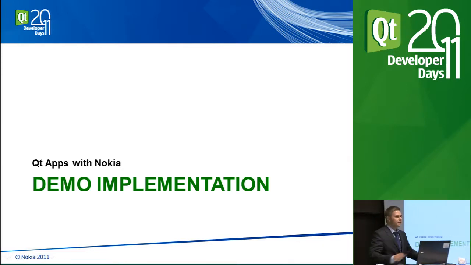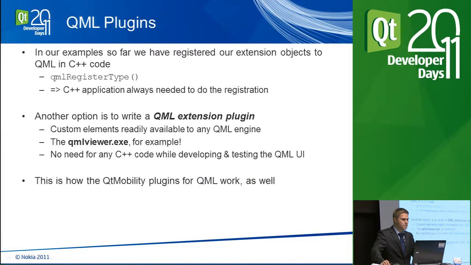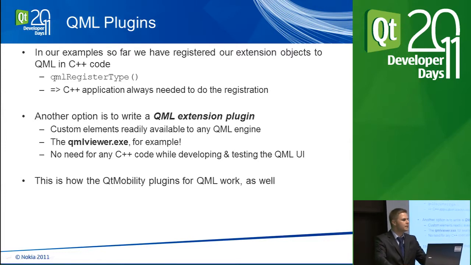Okay. One thing that we need to remember, I mentioned this earlier shortly, is that when we implement the application, the reason why we want to implement the C++ side of the application is usually that even though you can do many things in JavaScript in QML, it tends to get a little bit messy.